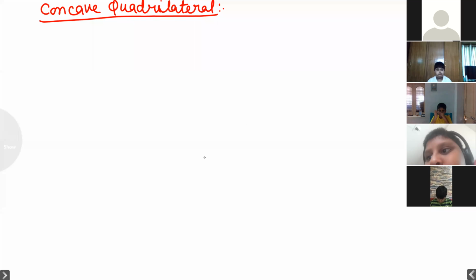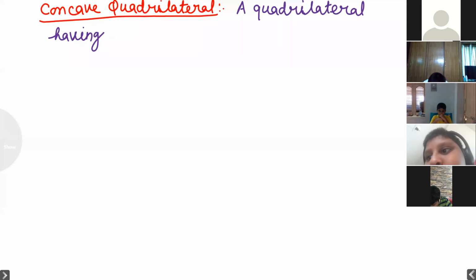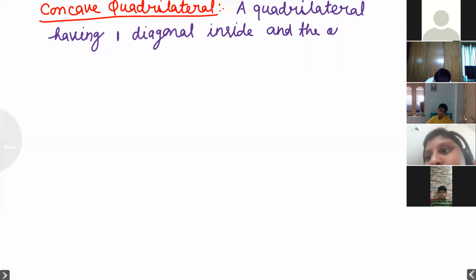A quadrilateral having one diagonal inside and the other lying outside.